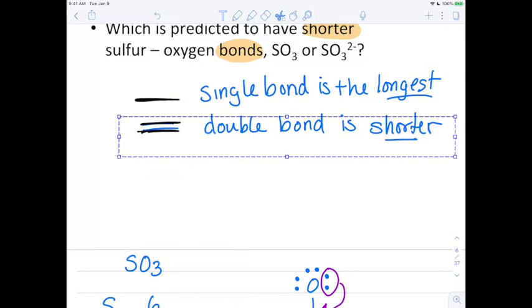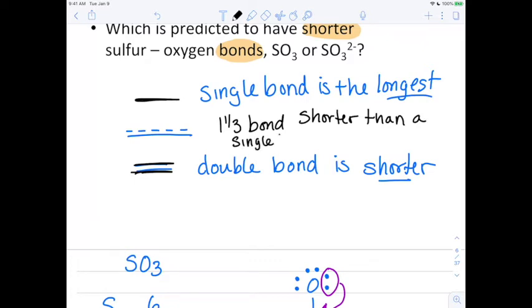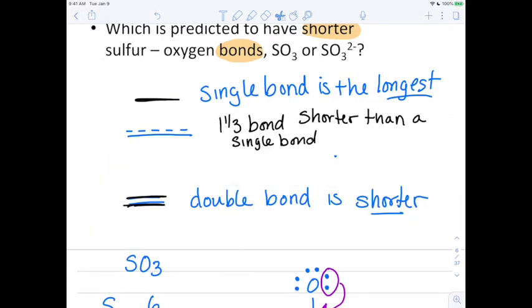If we have a 1 1/3, it would go right between here. And I'm going to use the notation that Jervin was talking about. So here, it has a full single bond and part of the double bond. So this is going to be our 1 1/3 bond. So it's going to be shorter than a single, but longer than a double bond.